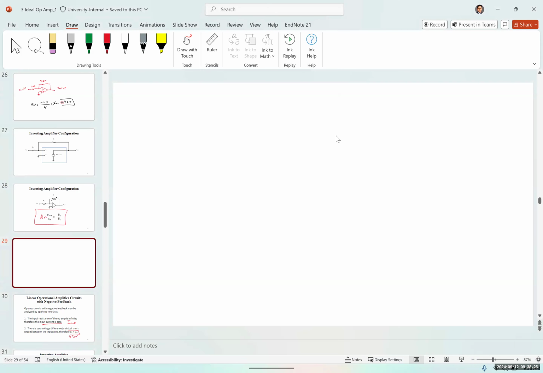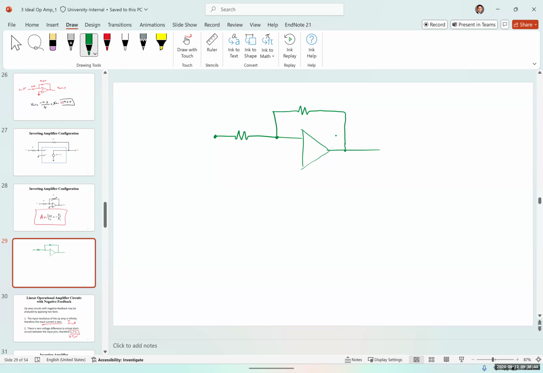So the first question that we have: this is negative, and this is positive, connected to the ground. R1 and R2.